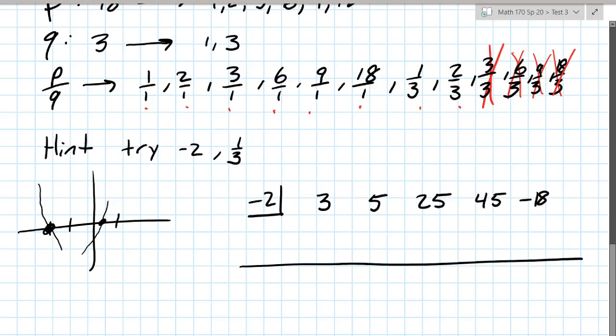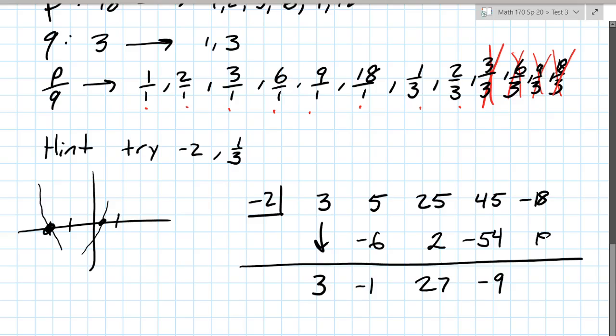And do the synthetic division. 3 comes down. 3 times -2 is -6. -6 and 5 add up to -1. -1 times -2 is a positive 2. Adding those gives 27. Multiplying by -2 gives -54. Adding there gives -9.